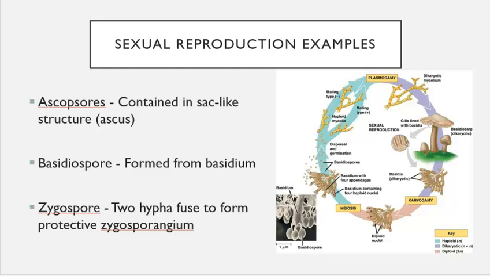Then there's the basidiospore, which is a sexual or reproductive spore formed from the basidium, and you can see an example of that right here in the image. Then there's the zygospore, which is a cell arising from fusion of two gametes. The hyphae fuse to form a protective zygosporangium.